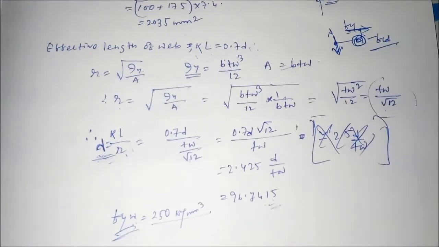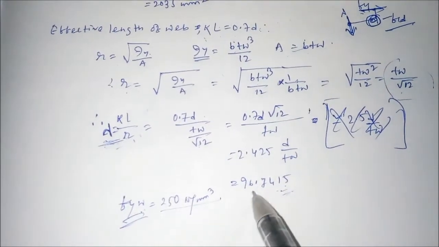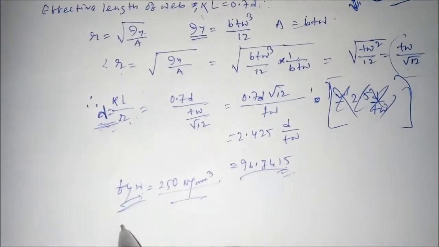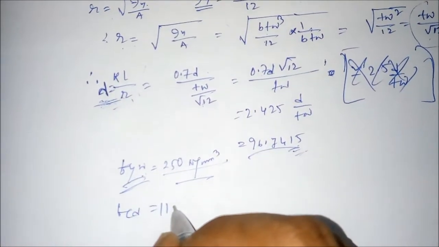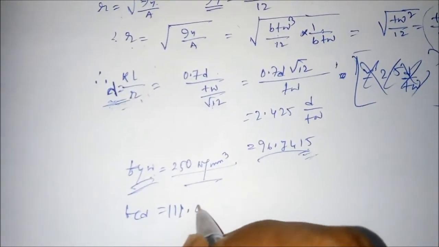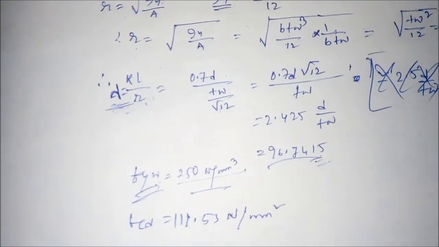So similarly you can find out the fcd value for these values. In this case the fcd value is coming 111.55 newton per millimeter square, right?